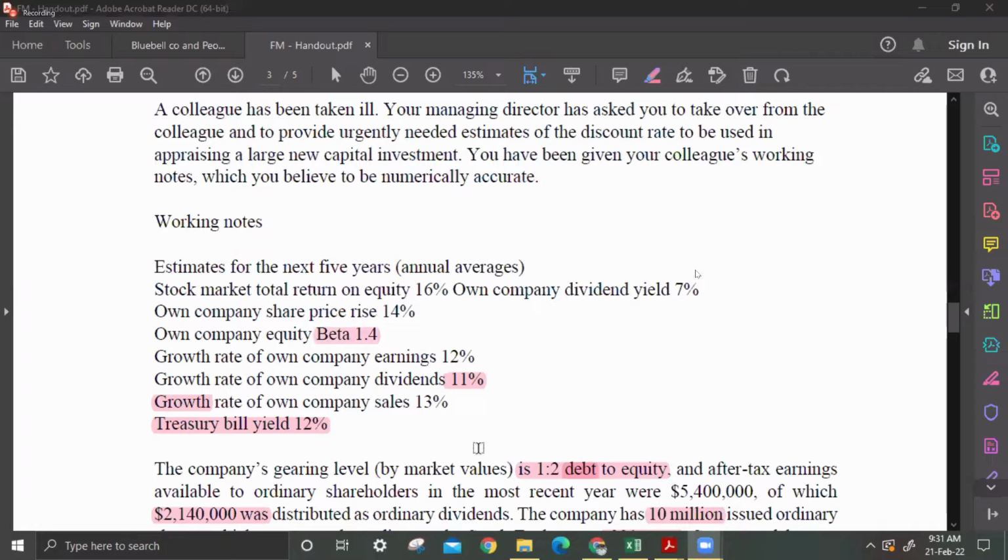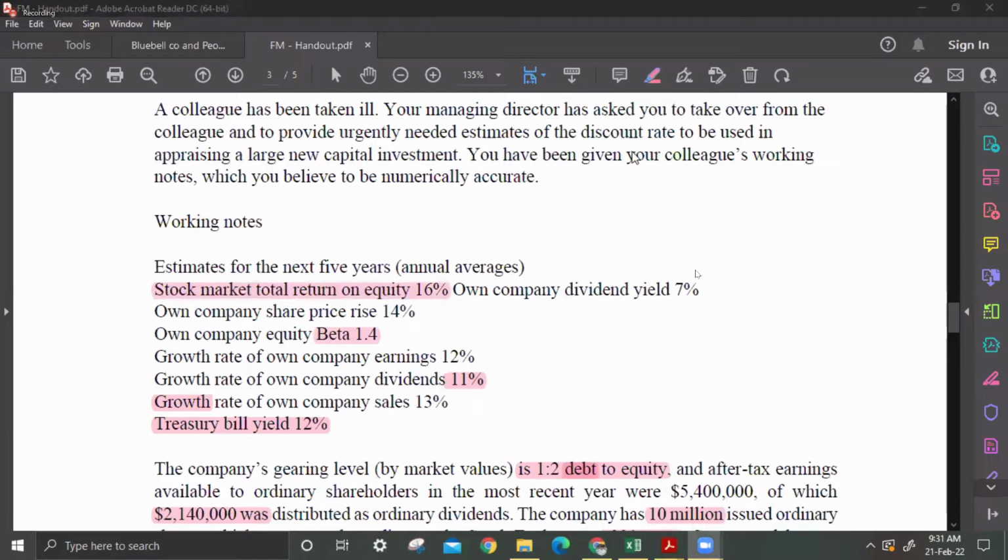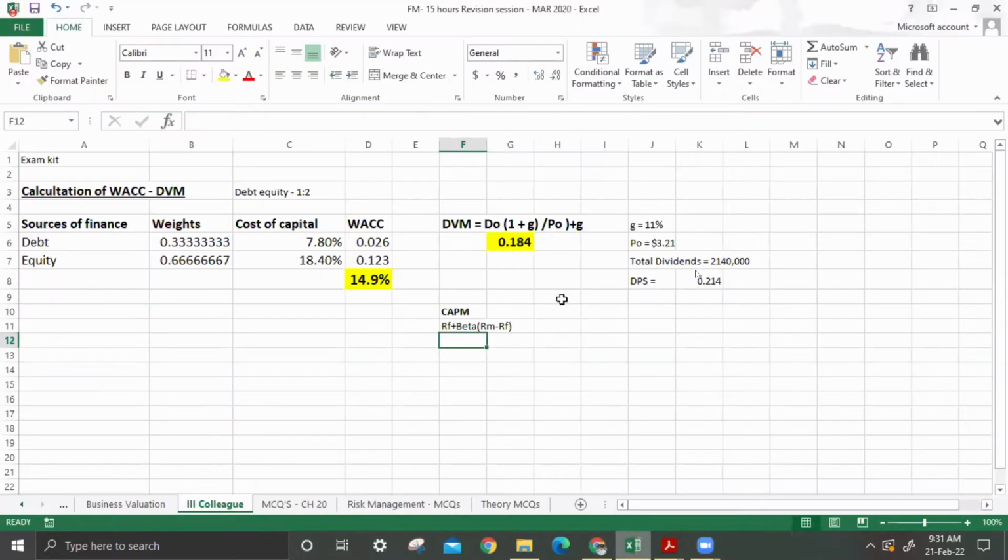What is RM? Stock market total return is given to you. So can I say 12 plus beta 1.4 into RM, how much is RM? 16 minus 12. 17.6% is your CAPM.